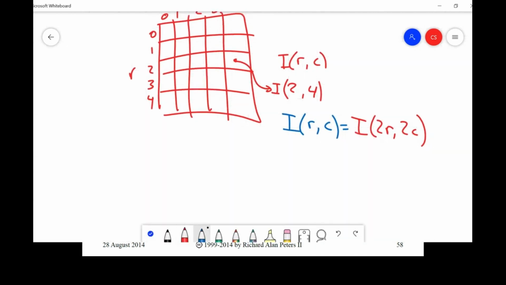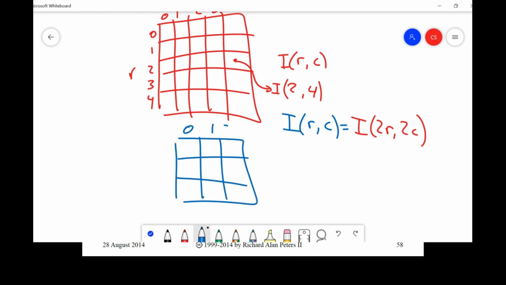Let's make it smaller. In the new image, I have 0, 1, 2, 0, 1, 2. And then the new image at 0, 0 is equal to I of 0, 0. And then that means that this pixel here is coming from there.